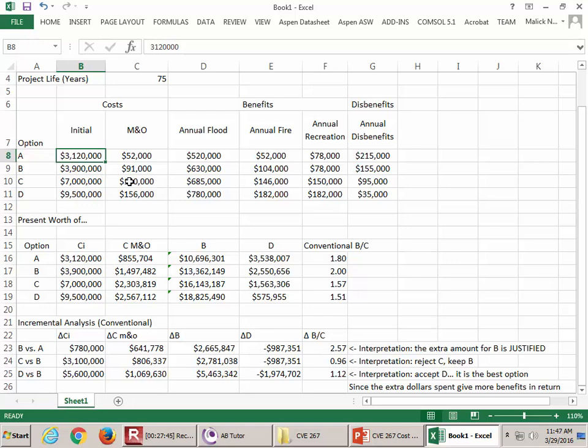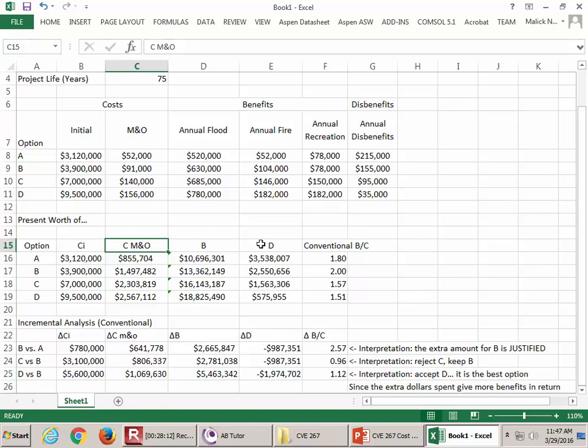What we did as our first step was find the present worth of those annual amounts. Now the initial construction cost was already in the present, so you don't need to do anything for that, but the maintenance and operation, these benefits, and the disbenefits, all of those were recurring amounts. It was how much every year for 75 years, and so you need to take all of those recurring payments to the present and find the present value.